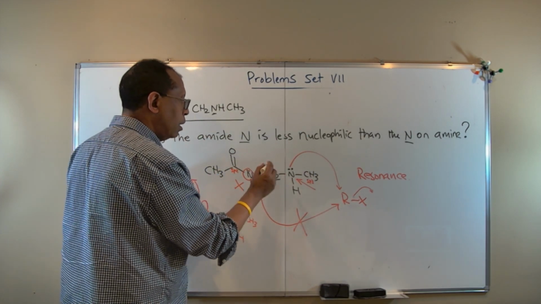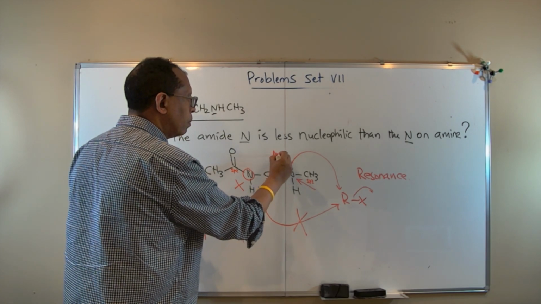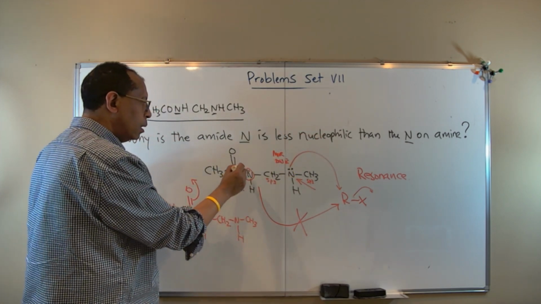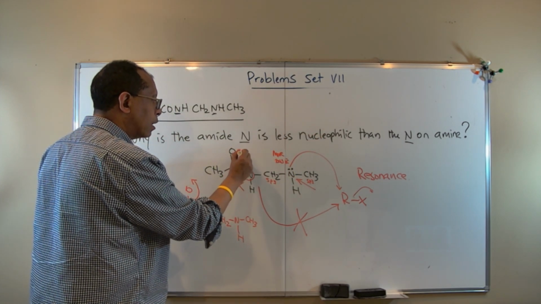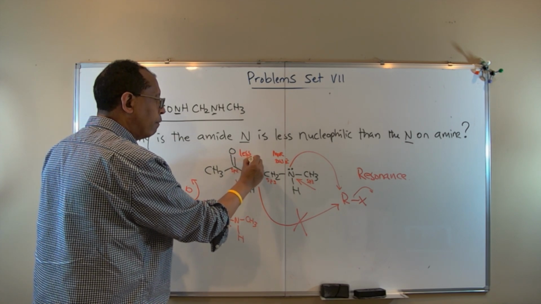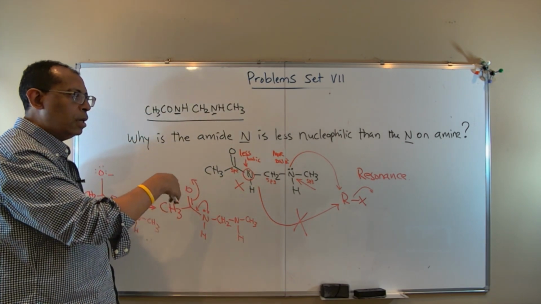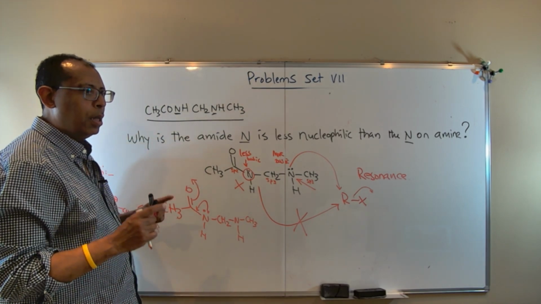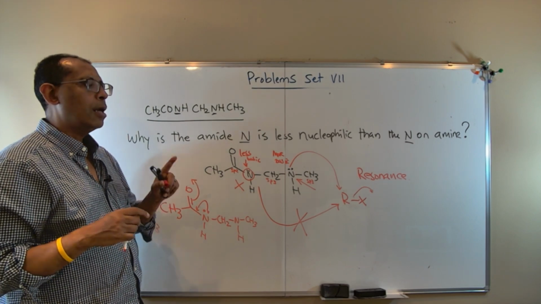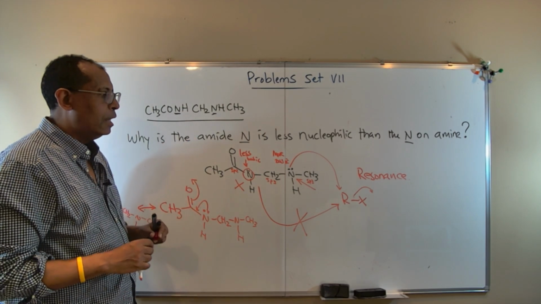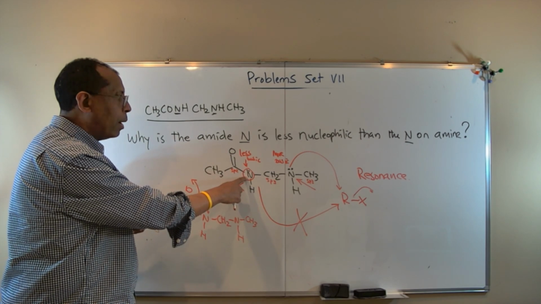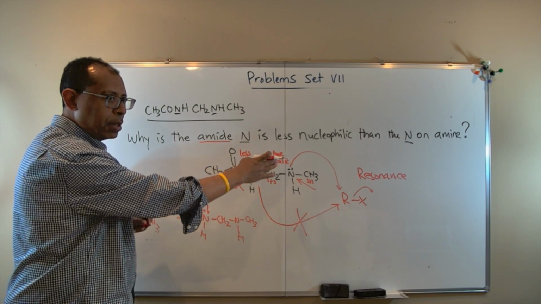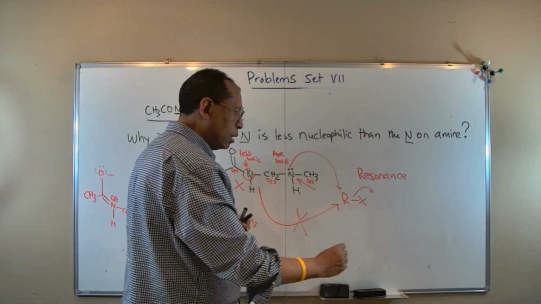So this nitrogen is more basic, more nucleophilic. This nitrogen is less basic, not available. They are not available to be used as a base or as a nucleophile. So resonance is an important concept in this regard. So this nitrogen of the amide functional group is less nucleophilic than the amine. Let me generalize here.